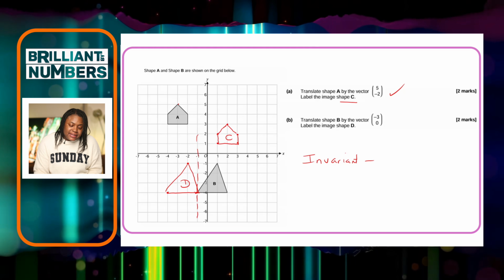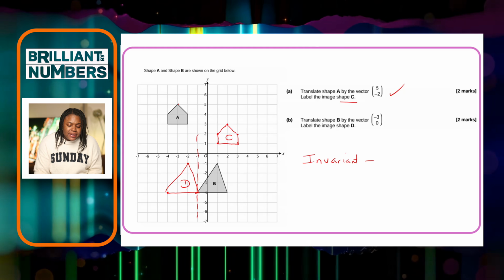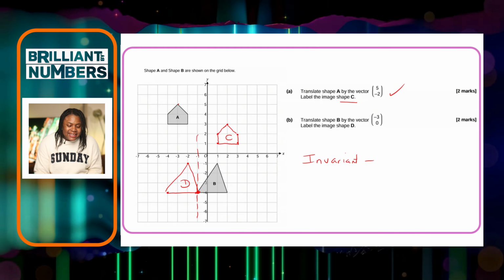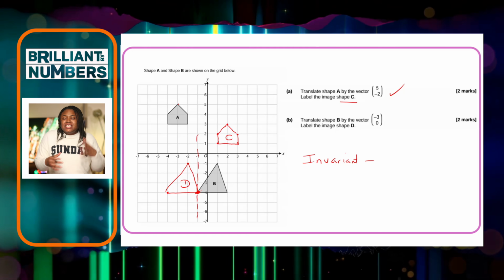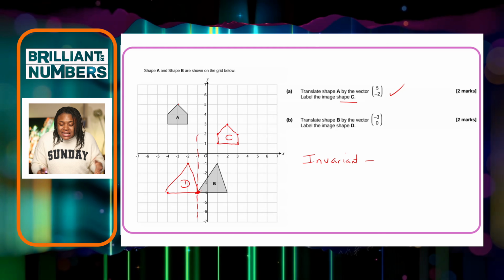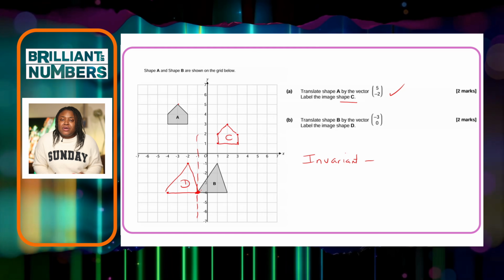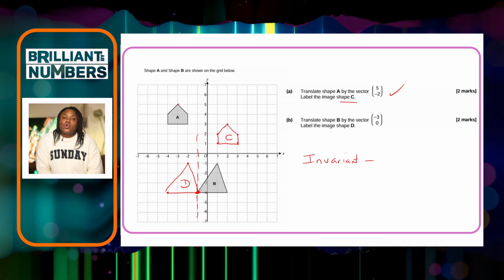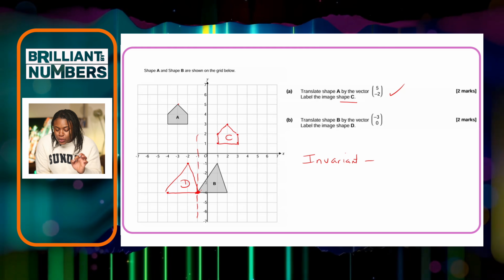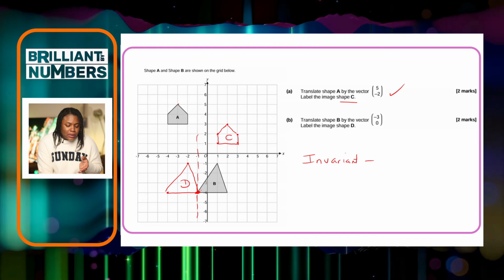Any point that didn't move from its original place, for example if it was on the line, would be an invariant point. So after you do a transformation and you have a point that did not change from its original position, it's still in the same place, that is called an invariant point. Make sure you know that, as that question comes up a lot.